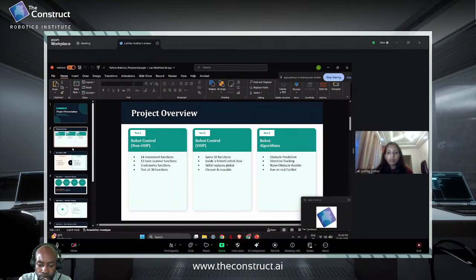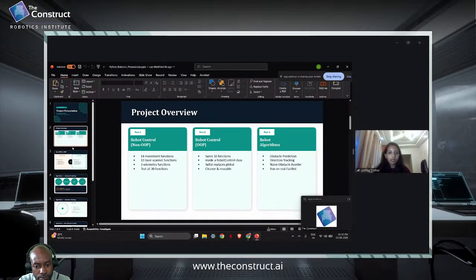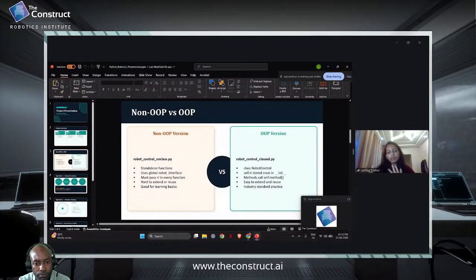The three algorithms which I implemented are the obstacle prediction, direction tracking, and the naive obstacle avoider. All these algorithms were tested on the fastbot robot. Next, I'll move to the difference between the non-OOP and the OOP versions.